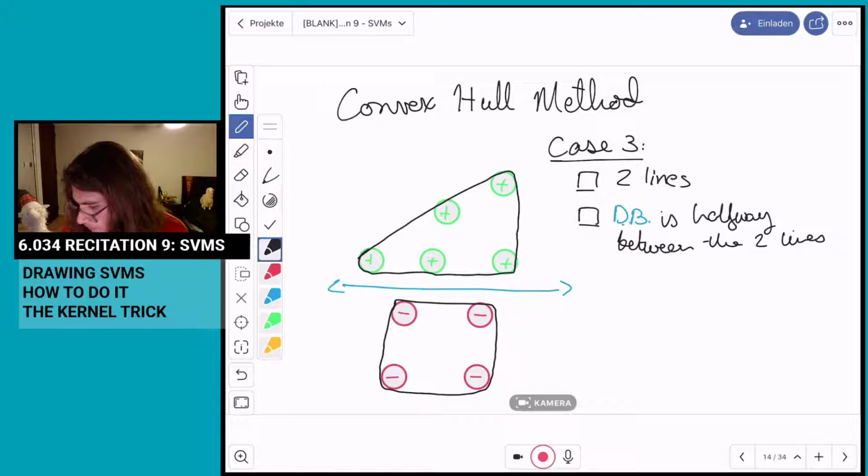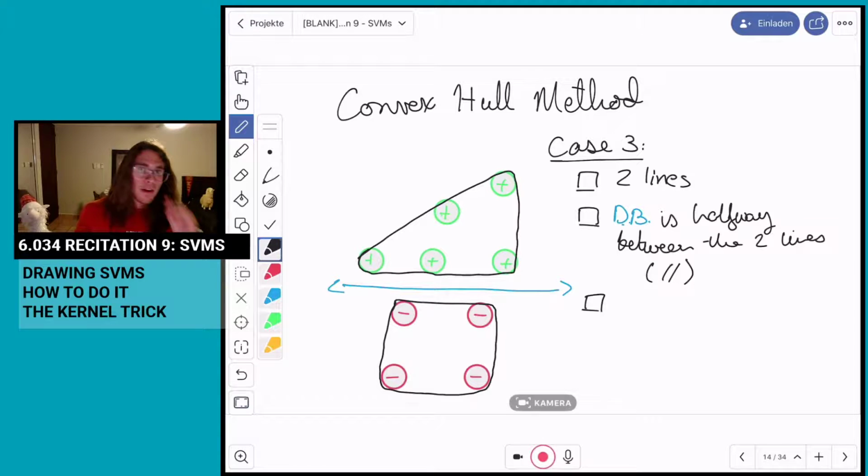And we could say it's parallel, but I won't say it's definitively parallel. This is a visual method, and I don't want to make any guarantees with a visual method. We won't give you nasty problems, at least within 6034, to trick you using the convex hull method.